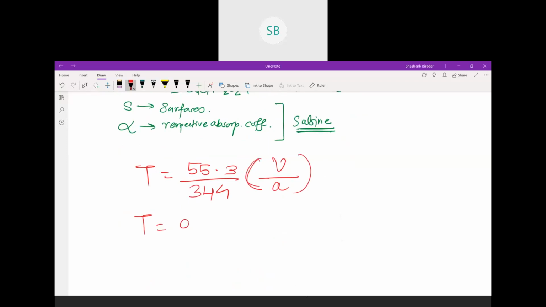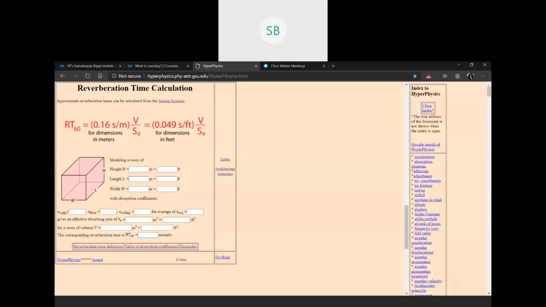So this is 0.16 V by A. Simple. Understood? So I guess we will take one example so that the picture will be more clear. Let us go with this one.